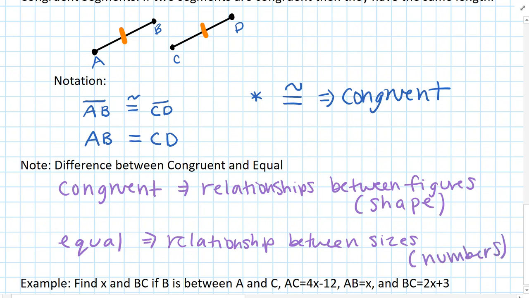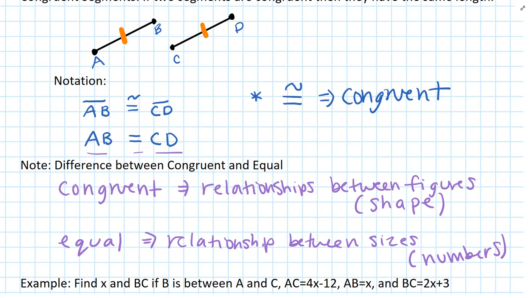So this would be like 3 is equal to 3, or the length of AB is equal to the length of CD. But the segment AB is congruent to the segment CD. So that's the biggest difference between congruence and equality: whether we're talking about the shape itself or the size of the shape.